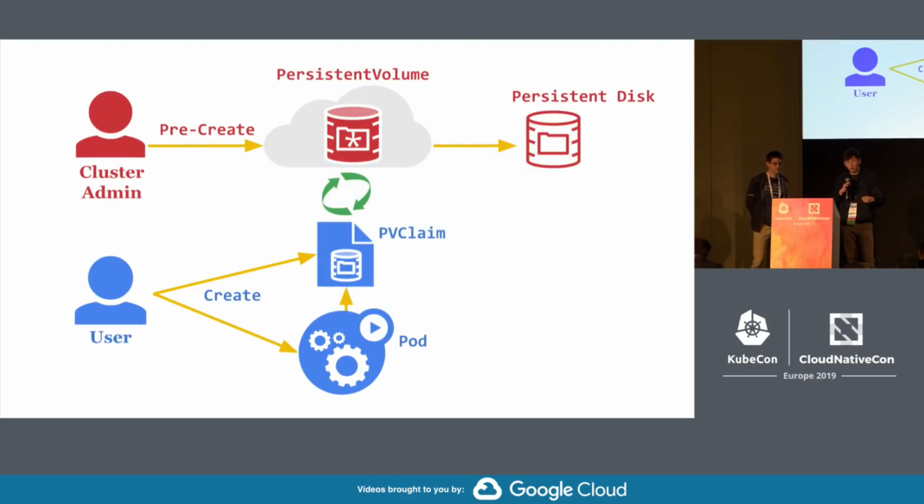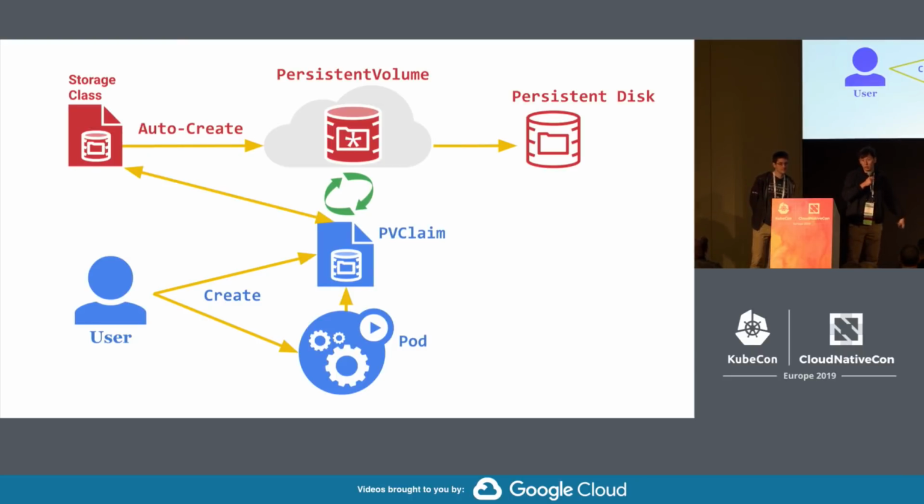And what we can use this storage class to do actually is, here's the image from before. What we can use the storage class to do here is, the admin creates the storage class, but now no longer has to pre-provision all of their persistent volumes.